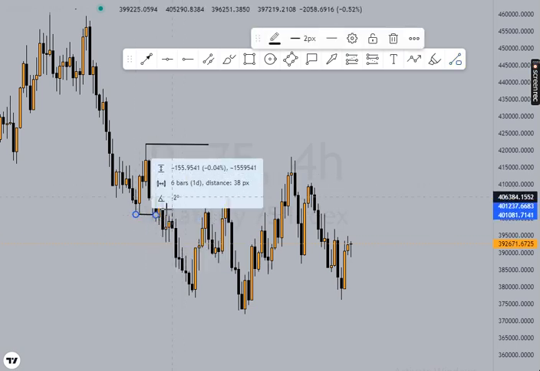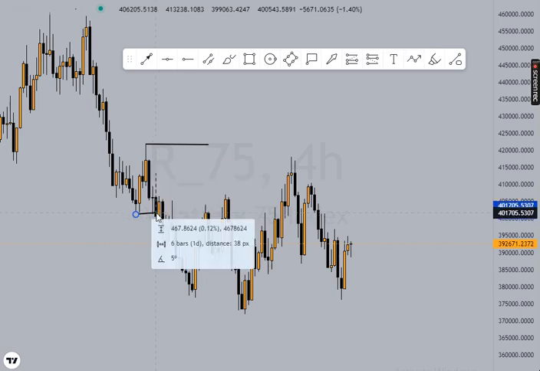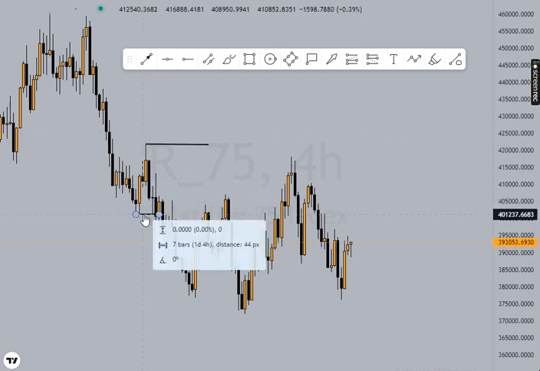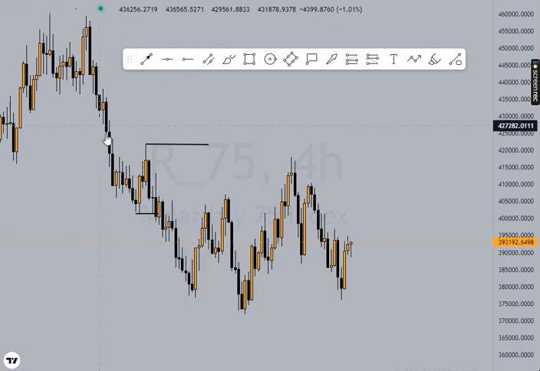Basically what we're spotting is lower lows, lower highs, lower lows, lower highs, just like that. Because the market made a lower low, lower high, then broke this level here.